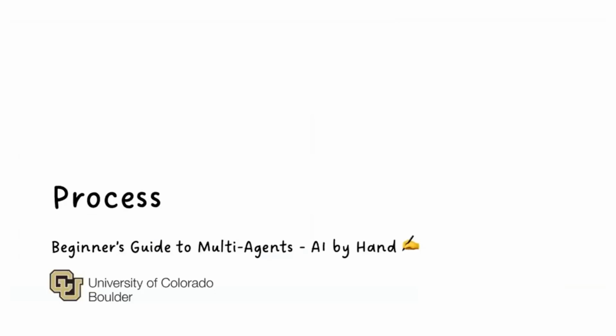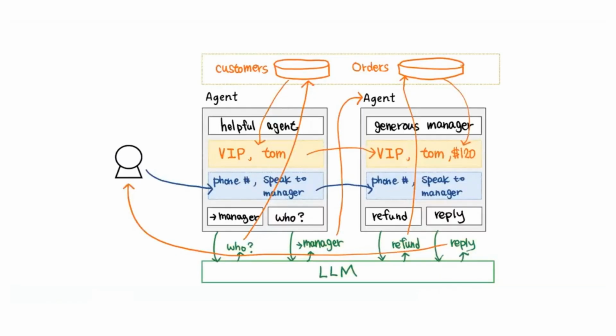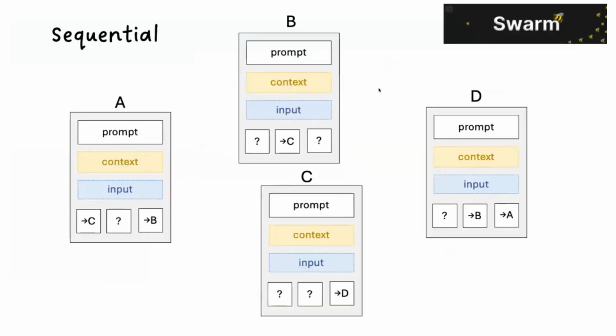But now we're going to talk about process, the breakdown of process. So I'm going to talk about some of the typical processes. When we look at these multi-agent examples, the process refers to the way that we transfer control from one agent to another agent. The most basic pattern is the sequential pattern that was used in Swarm, and it is supported by CrewAI as well. The idea is we start with agent A. If we decide, well, I'm going to transfer to B, then B maybe decides, oh, now maybe I can look at some information.